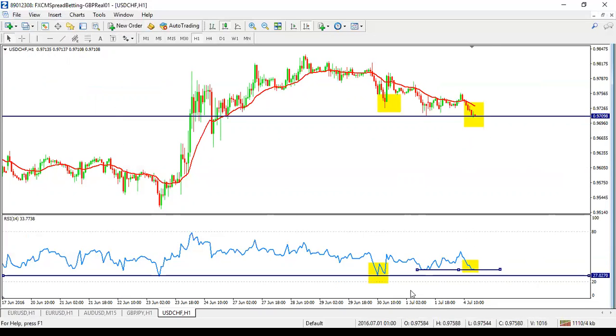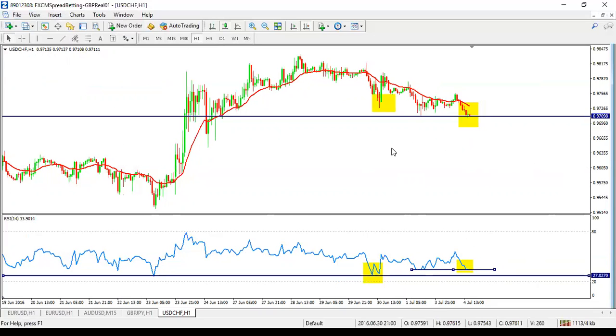On the chart lower, RSI higher. That is possibly indicating to me that this is going to go higher.